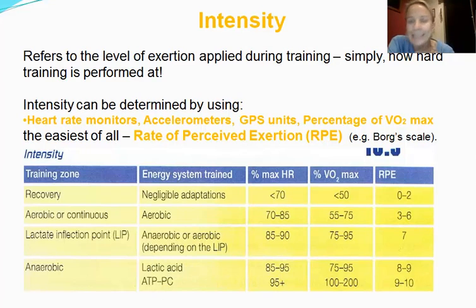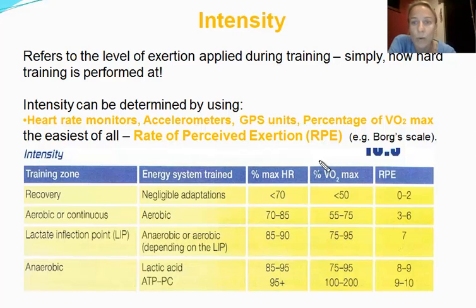Okay, intensity. Intensity is how hard we're working, and there are different ways to monitor or track this. We can use heart rate monitors. We can use GPS units that can track our speed and tell us how fast we're working, accelerometers.